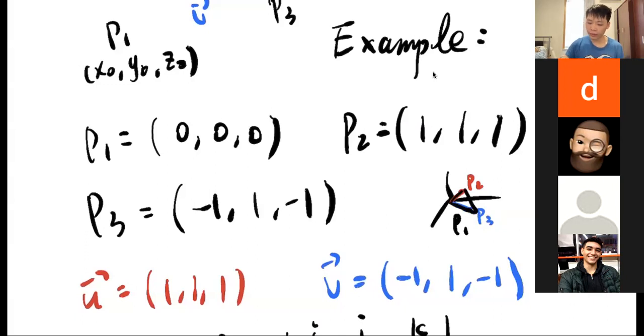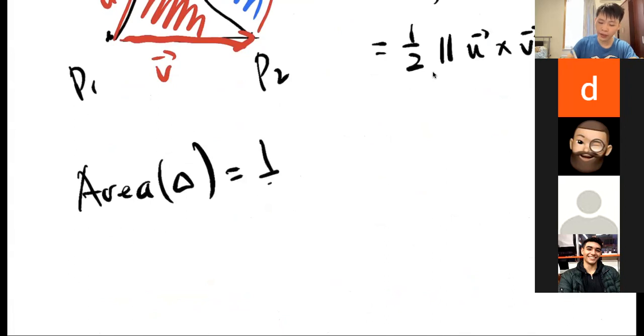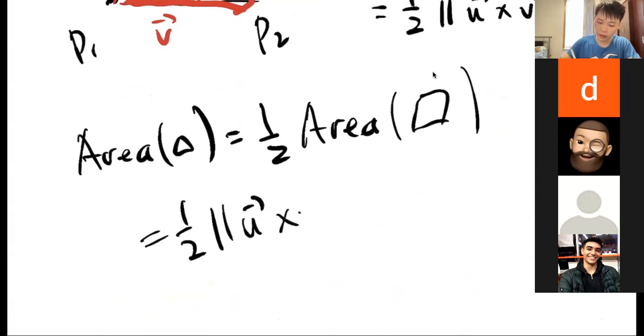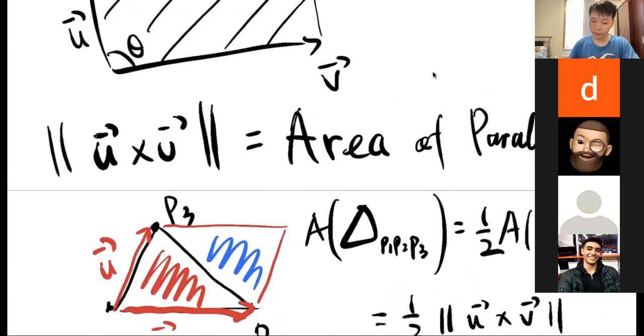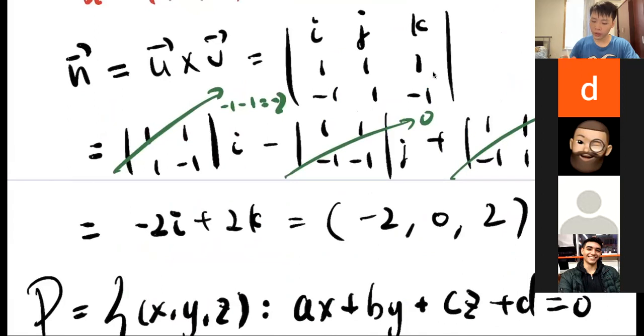So the area of this triangle is half of the size of the area of the parallelogram, and the area of the parallelogram is actually the norm of vector U cross vector V. And we already computed that U cross V is -2, 0, 2.